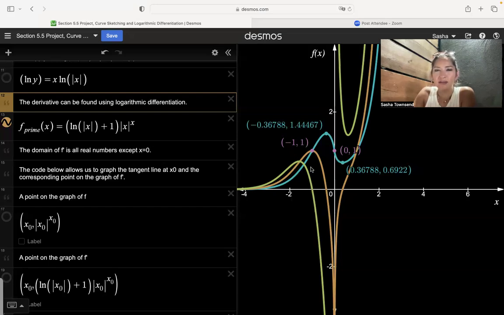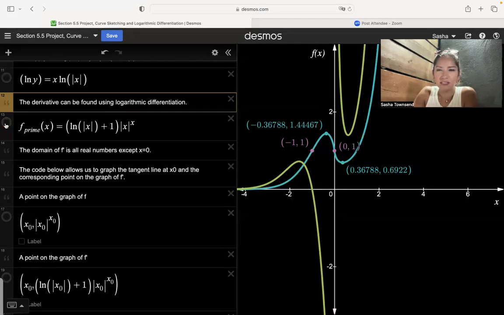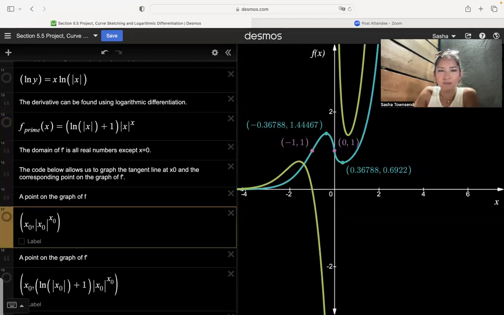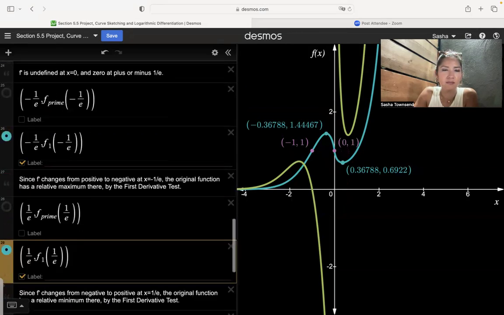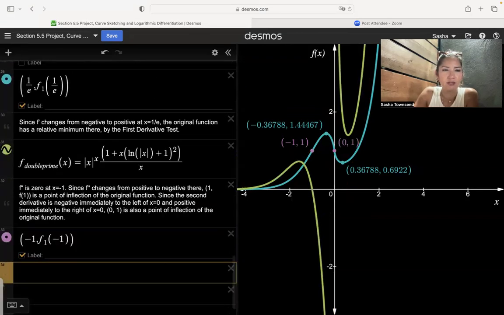And since the first derivative is decreasing from -1 to 0, that means the second derivative is negative from -1 to 0. So the graph is concave downward. So we see that the second derivative and the first derivative are basically telling the same story, and we are able to use that to infer the intervals where the graph is concave upward or concave downward.